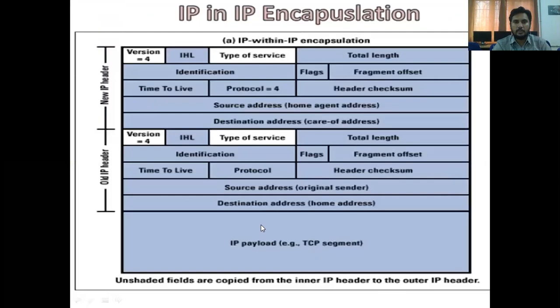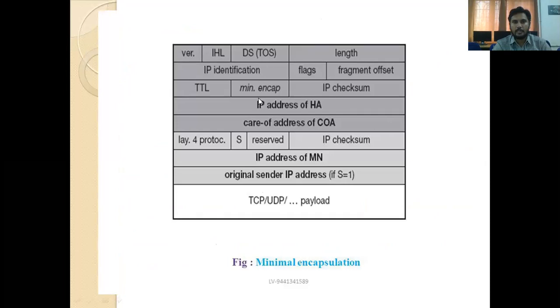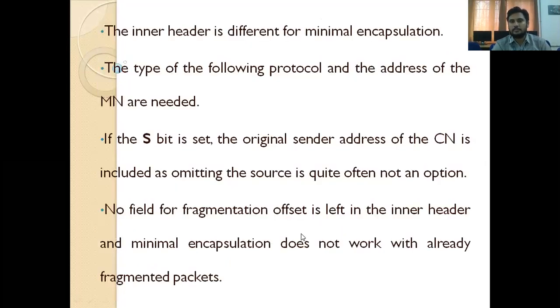There you observe that the type of service is IP in IP. Here minimal encapsulation, TTL, fragment offset, flags, IP header, version, IHL, DS as well as length. So it is similar to IP in IP, but here repetition is not there in this encapsulation technique.